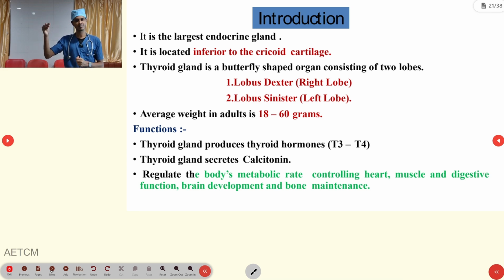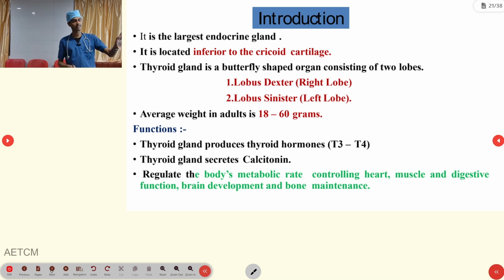In hyperthyroidism there is an excess amount of thyroid hormone, thereby increasing the heart rate, and tachycardia will be there. If there is a low amount of secretion, or hypothyroidism, there will be less thyroid hormone, which reduces the metabolic rate and leads to bradycardia. Those are some of the various functions of thyroid hormone.